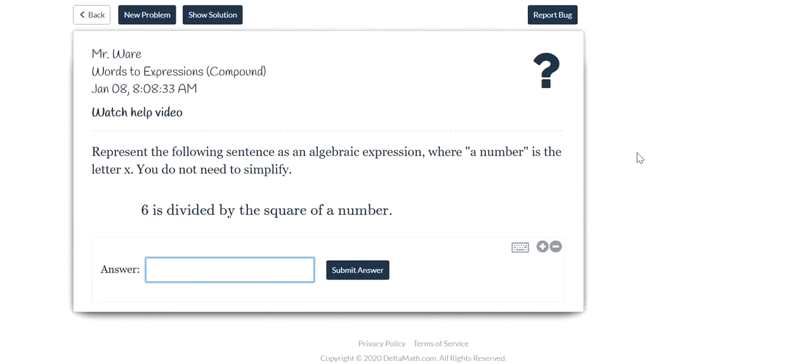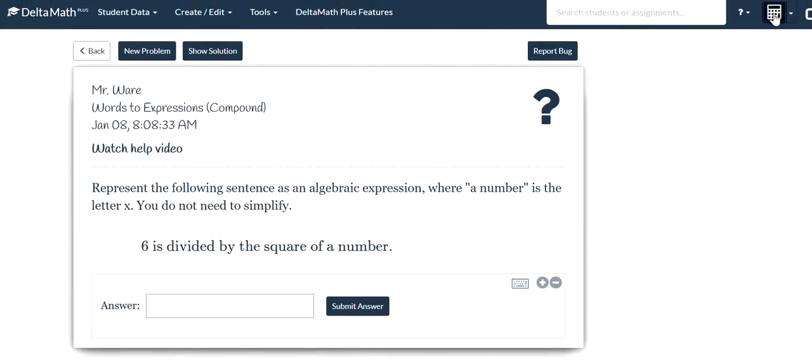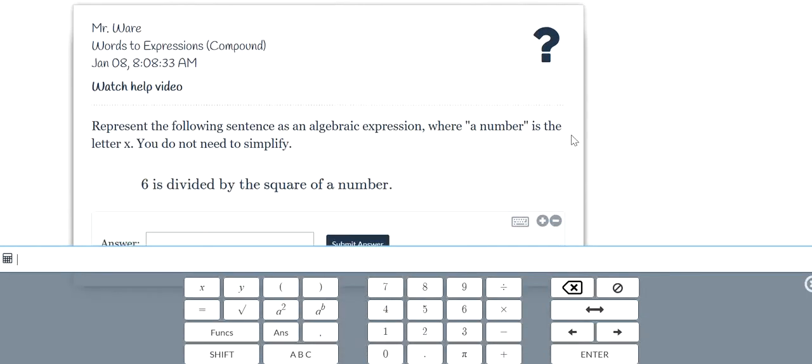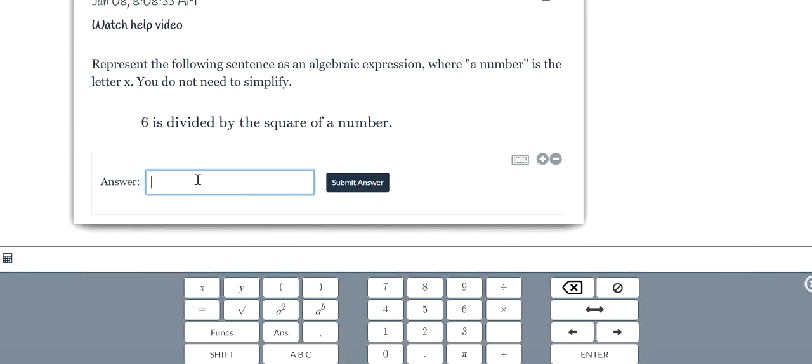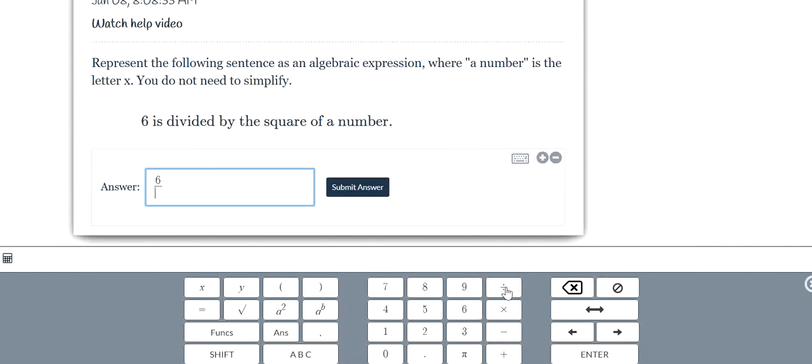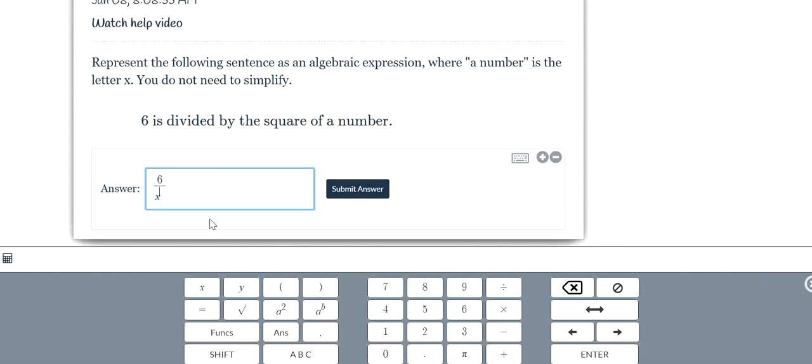And if you want, you can pull up the calculator here and click back into the box and type 6 divided by the number, and you'll type in x here. And then to do the exponent, which is square, you could hit this a to the b to raise it up and then put 2.